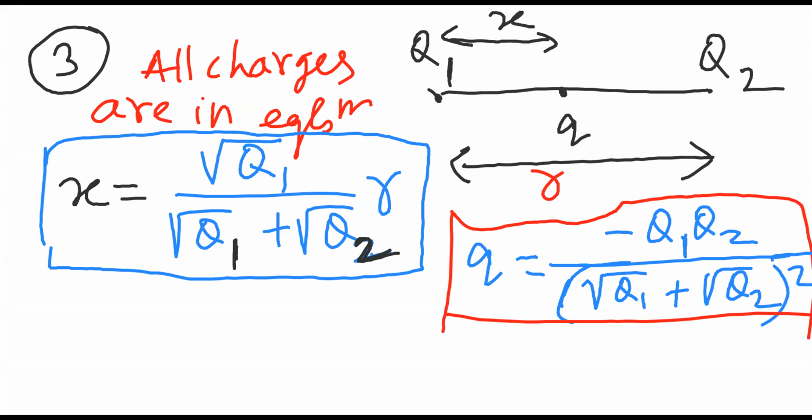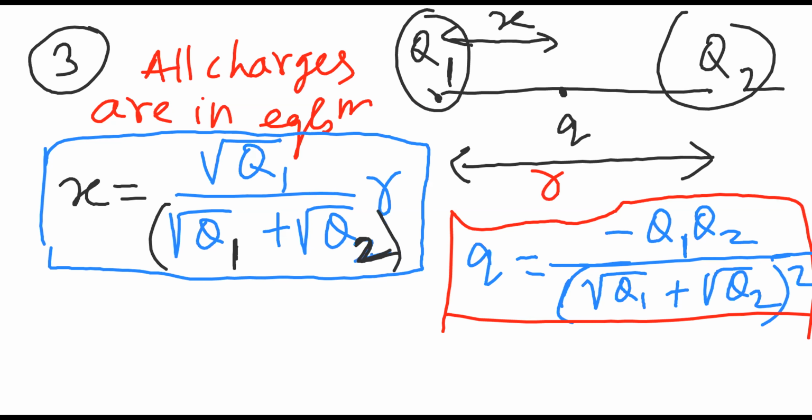You see, this is Q1, this is Q2. Then x is root Q1 by root Q1 plus root Q2. So change that first equation. Right here Q1, Q2. By mistake I had written Q2, Q3.